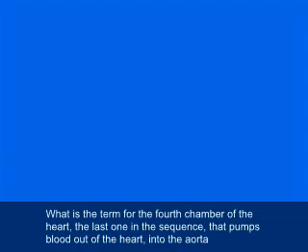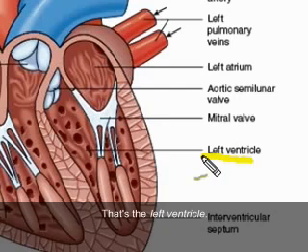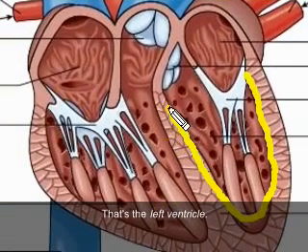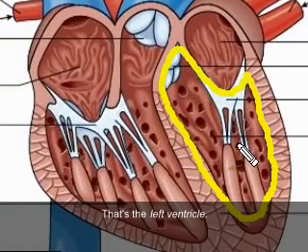What is the term for the fourth chamber of the heart? It's the last one in the sequence that pumps blood out of the heart into the aorta so that it can go back to the rest of the body. That's the left ventricle.